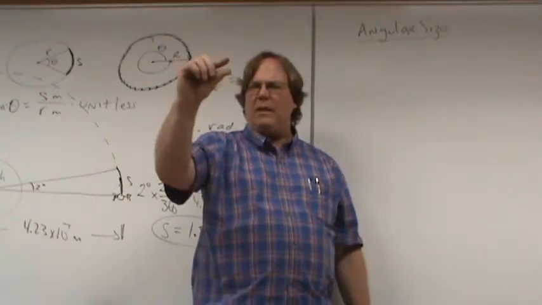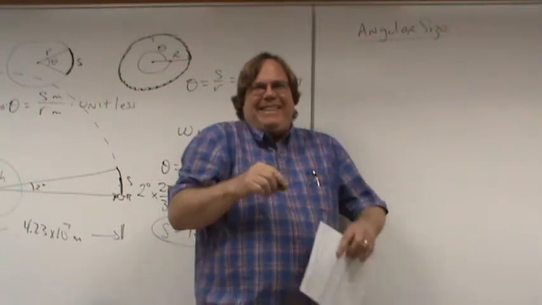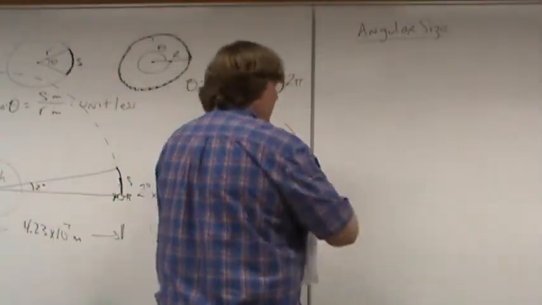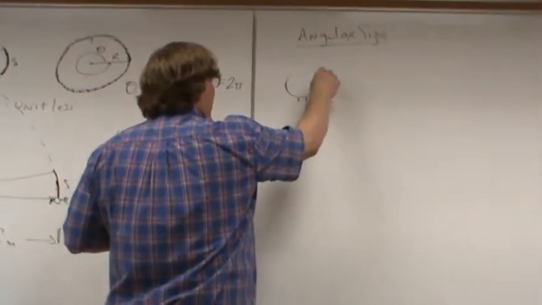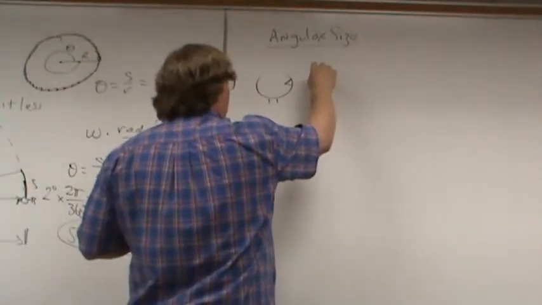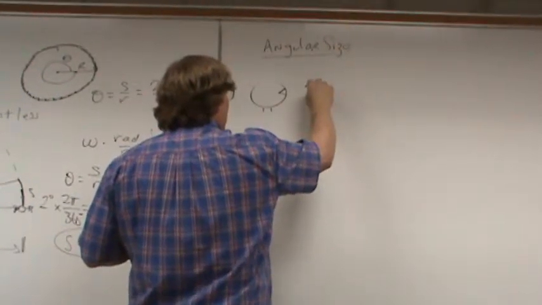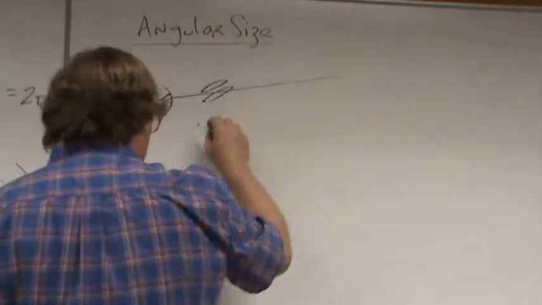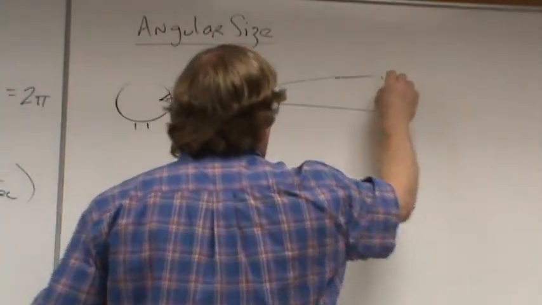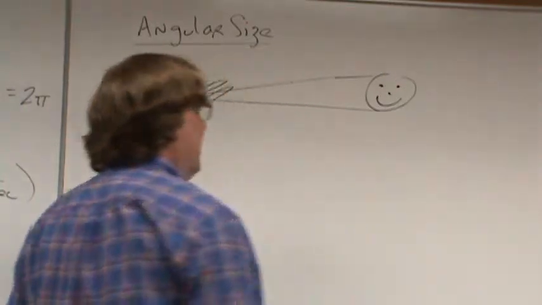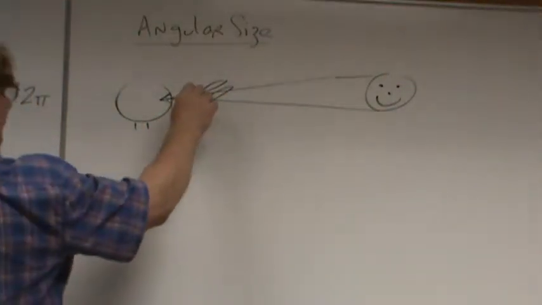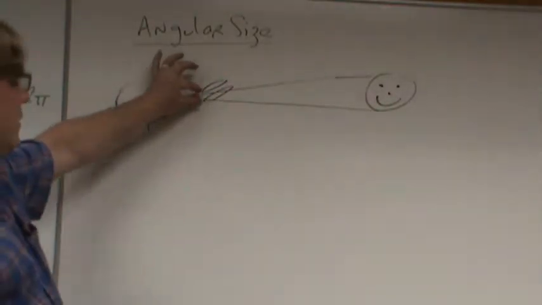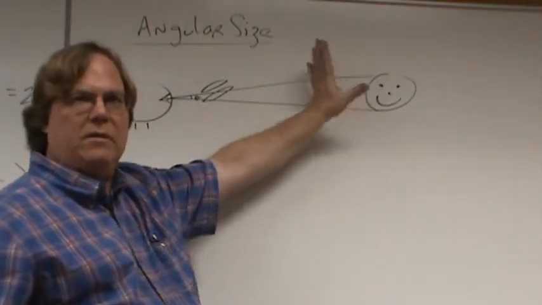It so happens that the angular size of Fatima's head is the same as the angular size of my fingers. That is, when I'm here, and here's my eyeball, and I have my fingers separated, and then here's Fatima's head. The same angle that's in between my 2 fingers is the same angle that her head subtends.